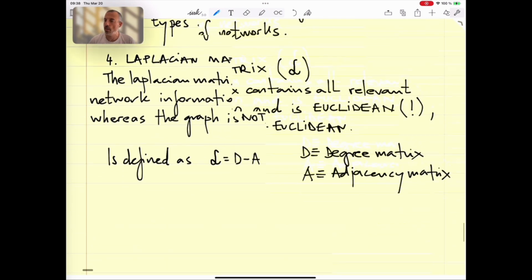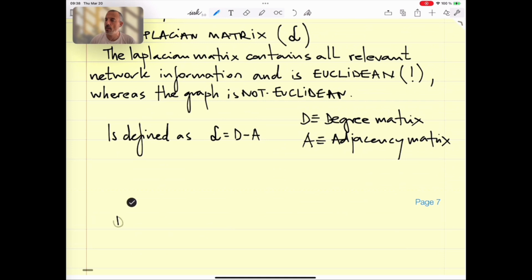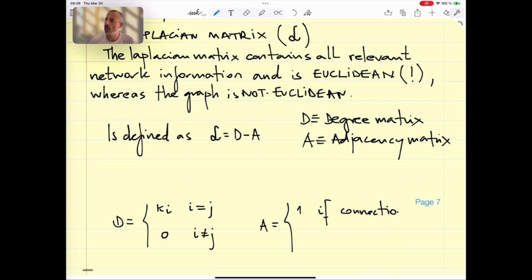The degree matrix can be defined mathematically as K sub I if I equals J, or 0 if I is not J. And the adjacency matrix is defined as 1 if there is a connection between I and J, and 0 otherwise. So this is just the math.